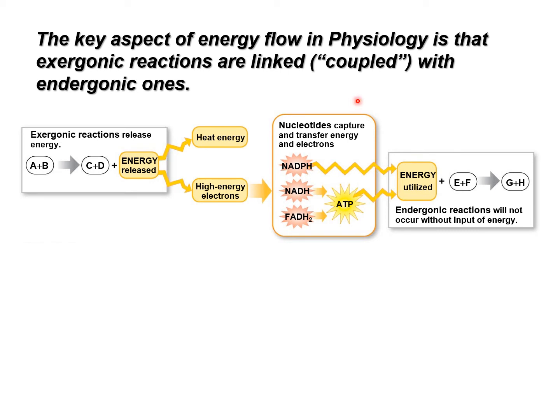Okay, that's coupling. We are releasing energy, and enzymes will facilitate the transfer of that energy to something else that requires energy in order to go forward. So we're coupling spontaneous ones, exergonic reactions. Exergonic reactions release energy, and we're coupling it to endergonic reactions that will not occur without energy input.